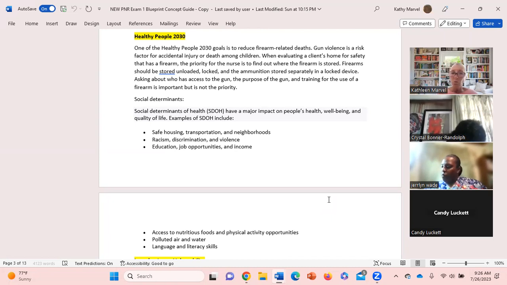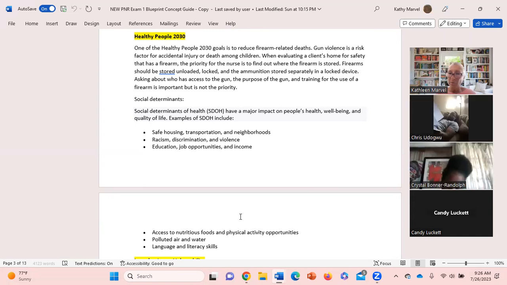Those are social determinants of health: safe housing, transportation, racism, discrimination, or violence in neighborhoods, education, job opportunities, income, access to nutritious foods, polluted air and water, and language and literacy skills. Those are the social determinants of health I want you to be familiar with.